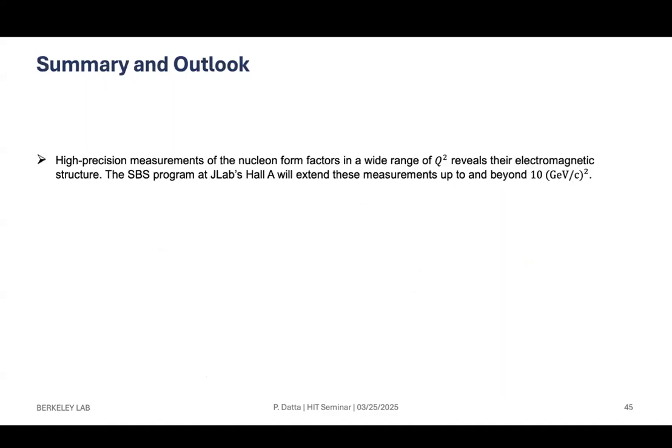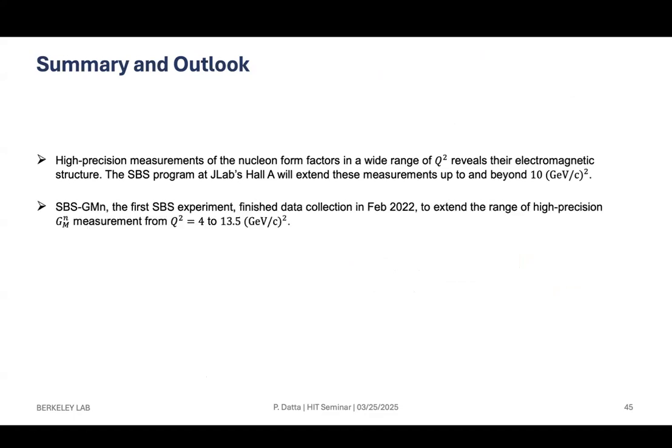So that brings me to my summary slide. The high precision measurements of the nucleon form factors in a wide range of Q squared reveal their electromagnetic structure. The SBS program at JLab's Hall A will extend these measurements up to and beyond 10 GeV squared, which will significantly improve the current situation. The SBS-GMn, the very first SBS experiment, finished data collection in February 2022 to extend the range of high precision GMN measurement up to 13.5 GeV squared.